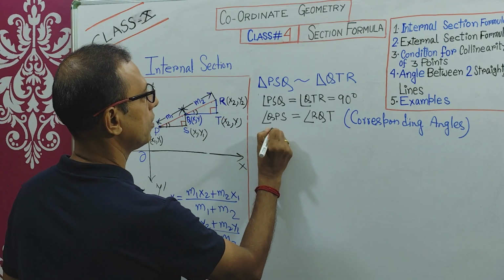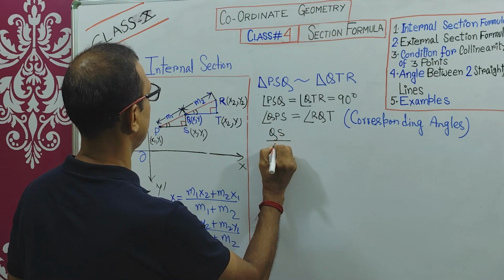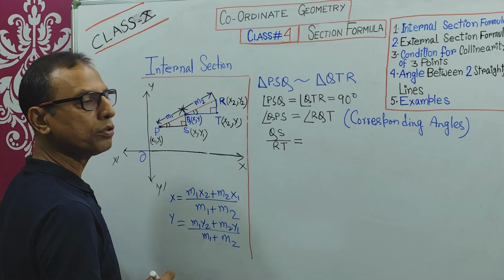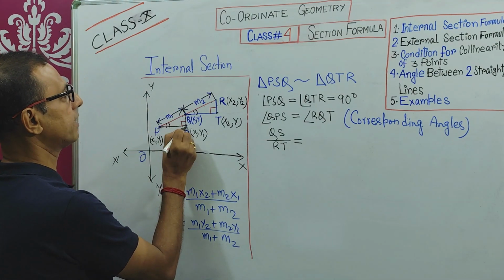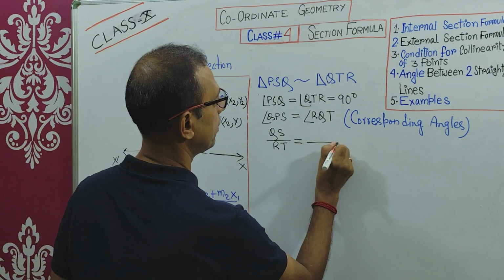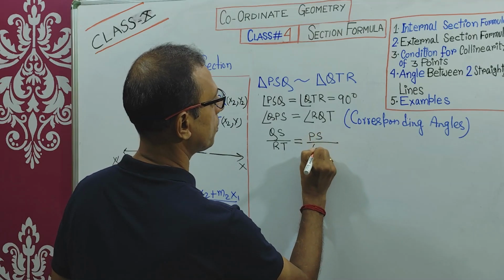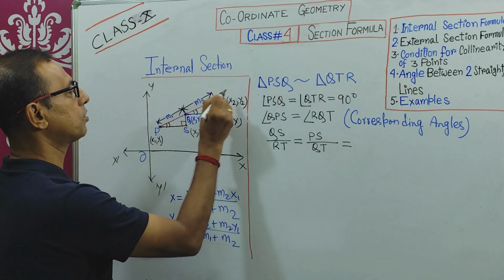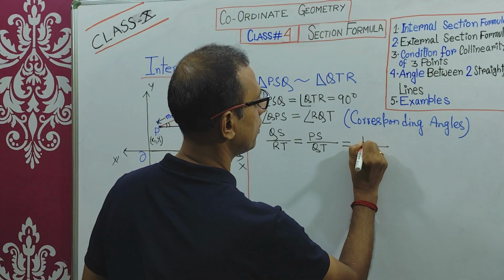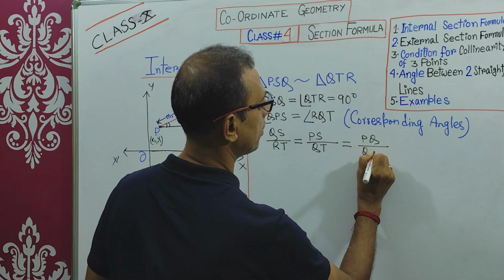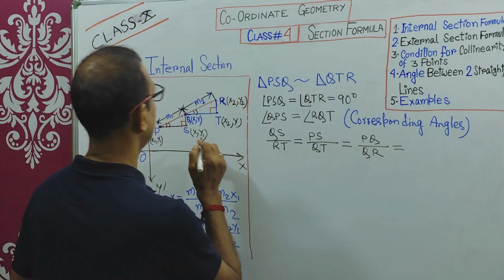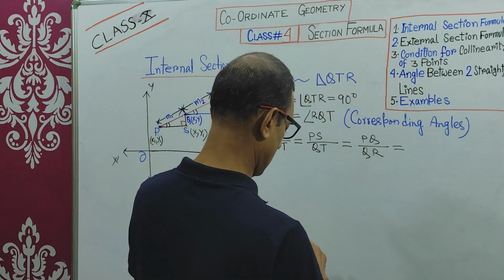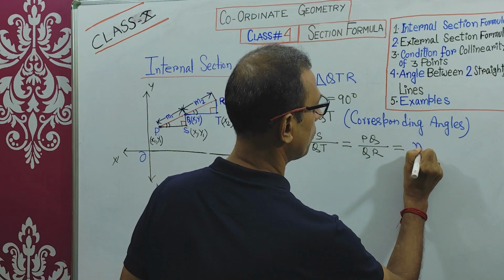So QS is to RT equals PS is to QT equals PQ is to QR. And what is the ratio PQ is to QR? That is m1 is to m2.